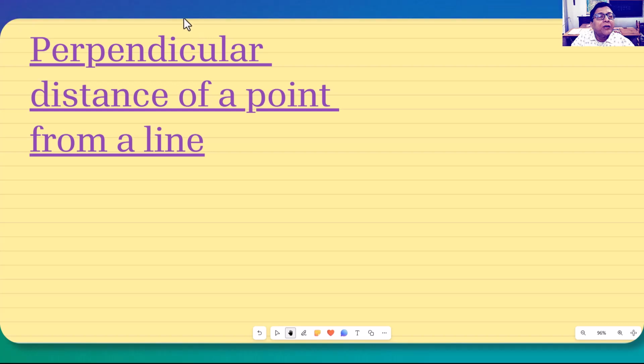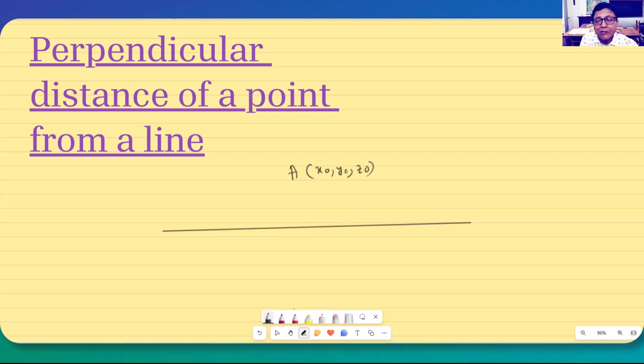Let us start with the scalar form of a line and a point. Let the point be x0, y0, z0. We want to find the perpendicular distance of this point from the line whose equation is given in scalar form.